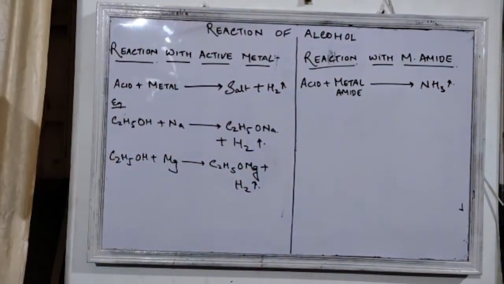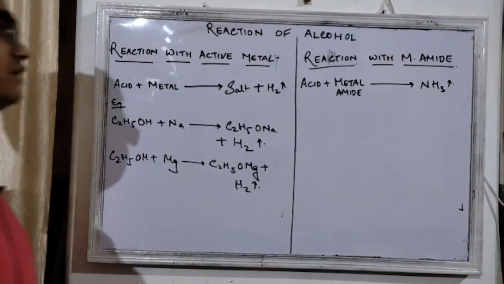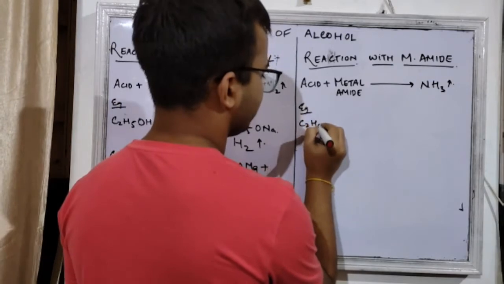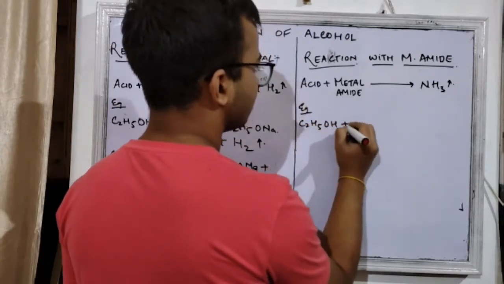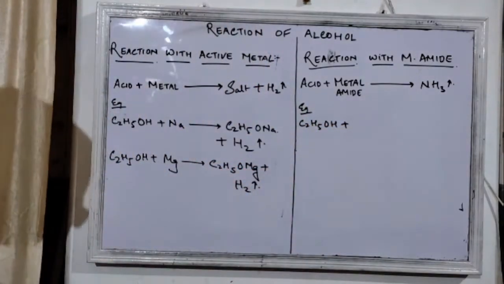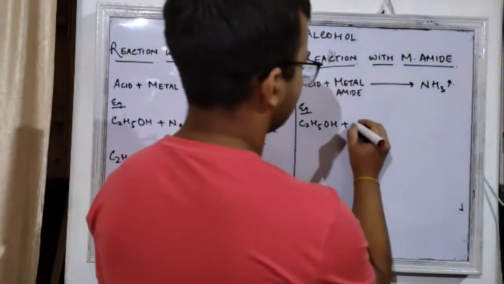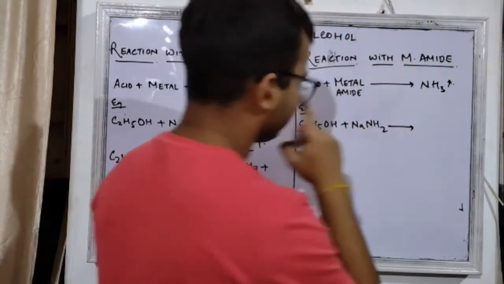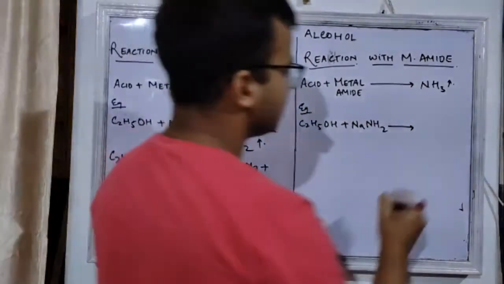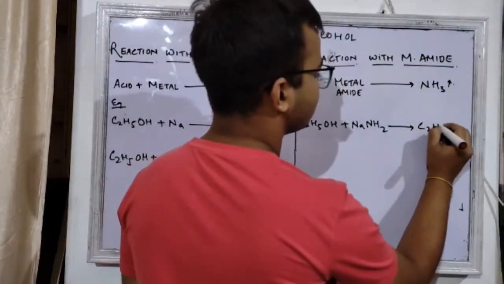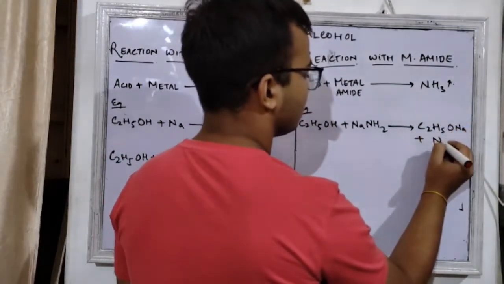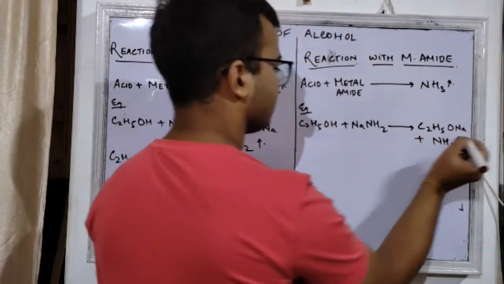Now under this, if you want to see a few examples, it will be like this. When you take C2H5OH, which is ethyl alcohol, plus metal amide, let us take sodium amide in this case, NaNH2, it will give C2H5ONa plus NH3 as gas. Clear?